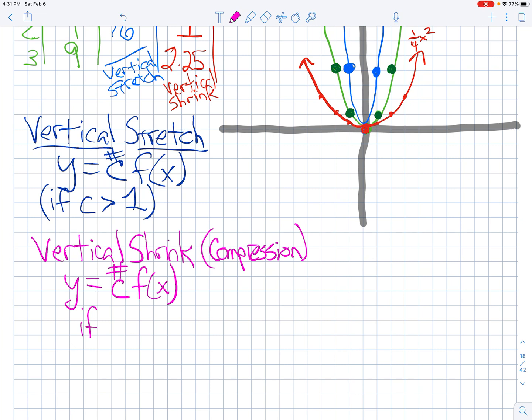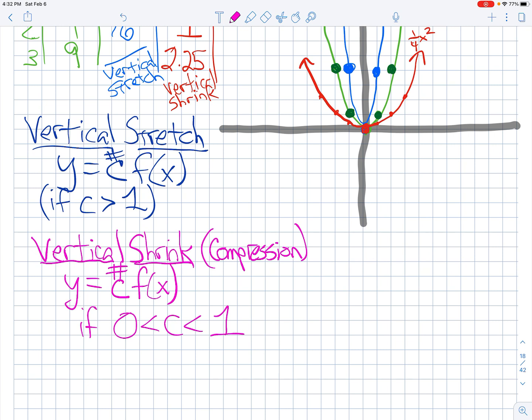Well, be careful here. Not just less than 1. It has to be a fraction or a decimal between 0 and 1. If your c value is between 0 and 1, then it will shrink vertically by a factor of c. That's the general notation for a vertical shrink or a compression.